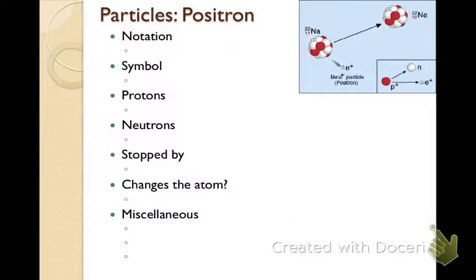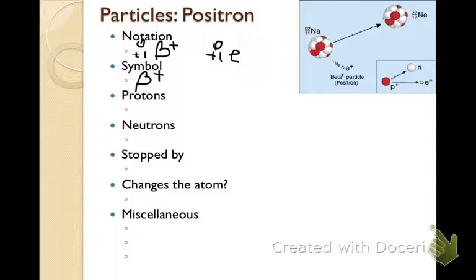Alright, so let's talk about the fourth particle for today. These are going to be positrons. So your positron particles are 0, +1, beta plus, or 0, +1 E. Right? So the symbol would be a beta positive. And let's kind of talk about some of what ends up happening here.